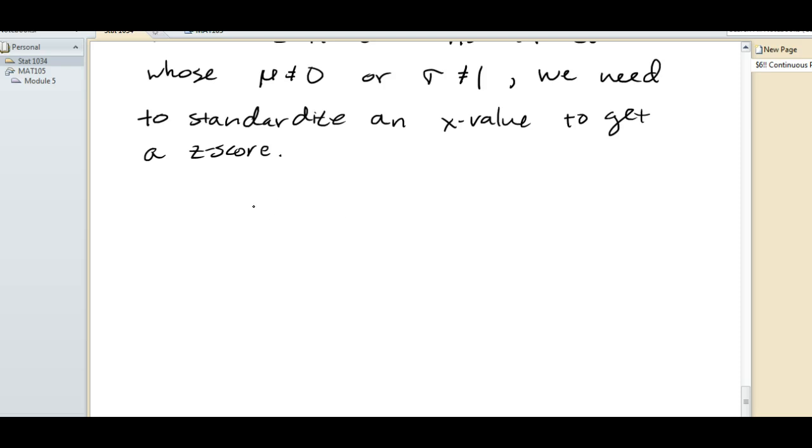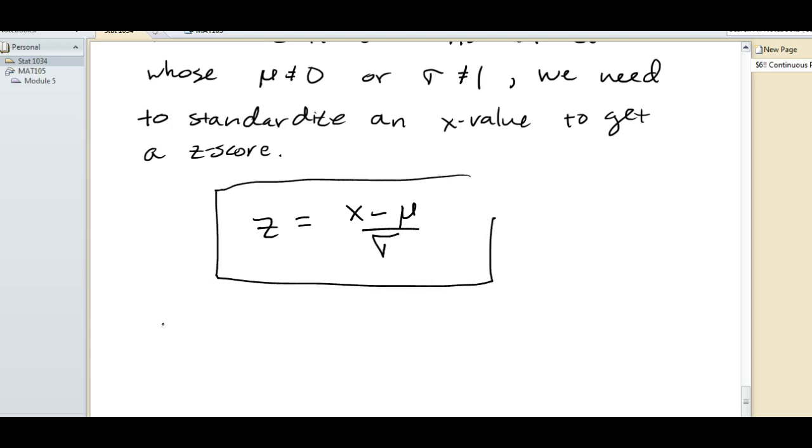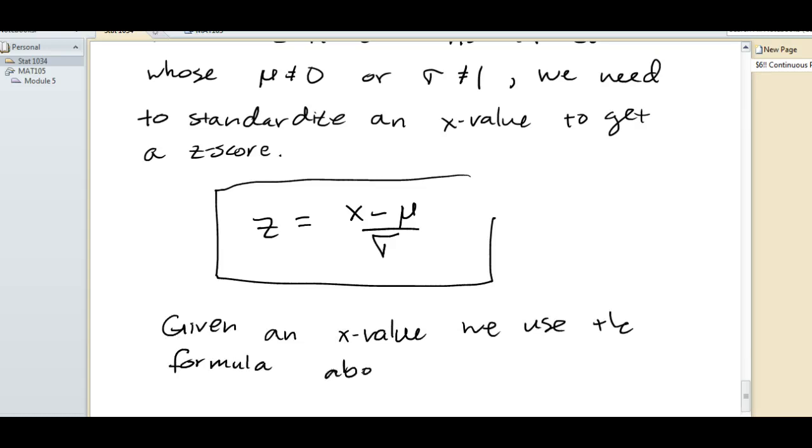So the way you go about doing this is the z-score is always given by x minus mu over sigma. So this is the formula. Given an x value, we use the formula above to find the z-score.